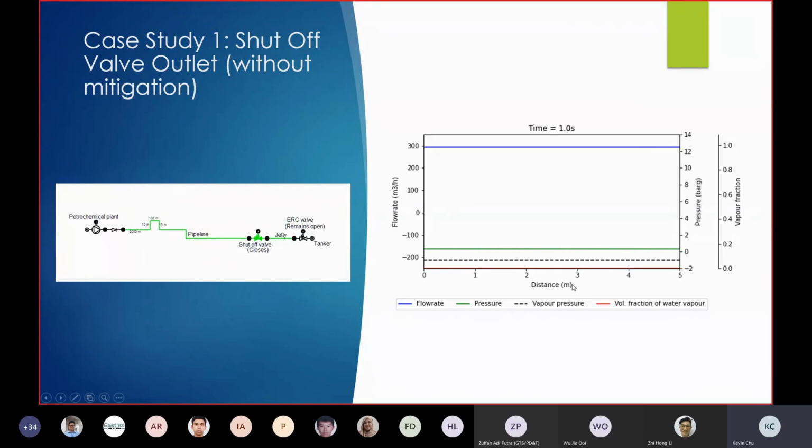After I run the animation, you will notice that the vapor gap is generated and collapsed from time to time right after the valve is closed. And the size of the vapor gap will decrease over time since the pressure wave is depleted over time. So let's see what happens after I run the animation.